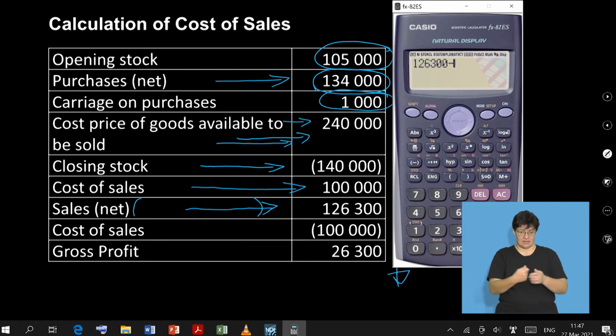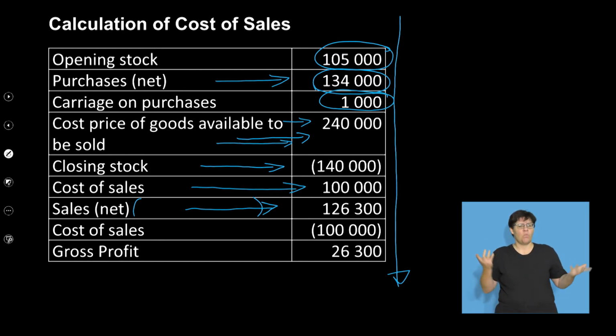Now, where does that cost of sales come from? That cost of sales comes from your calculation. Let me just use another color to illustrate it better for you. Watch here. That cost of sales is what you're going to slot in to your calculation here, because you calculated the cost of sales. As you can clearly see, there's your 100,000, which you bring into your calculation here, sales less cost of sales, which will then give you your gross profit of 26,300.